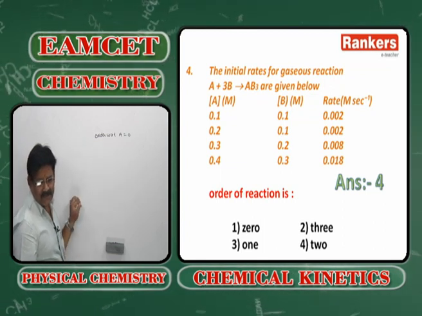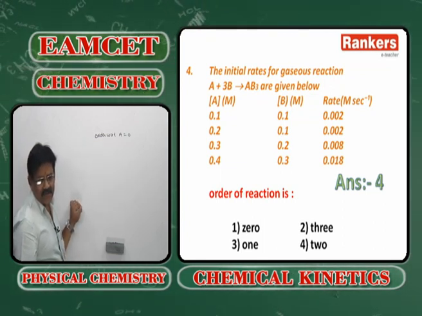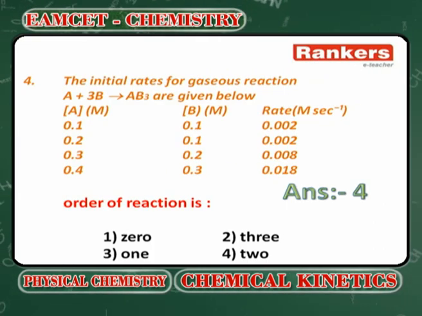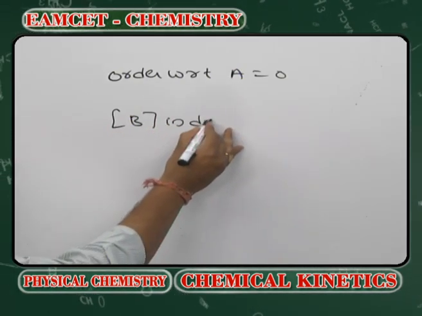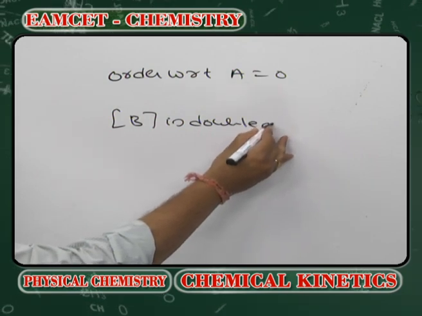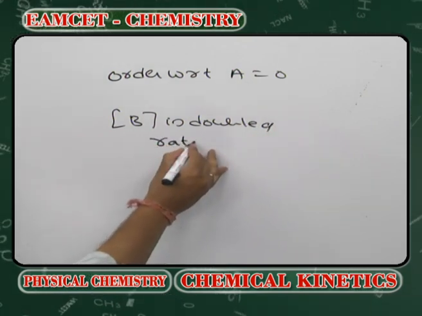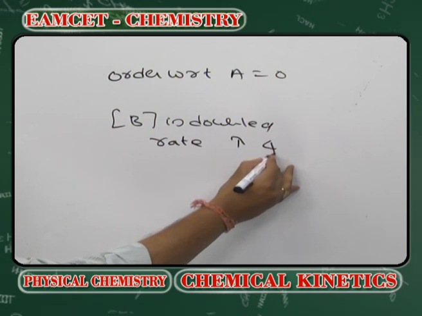So let us compare 2 and 3. When the concentration of B is doubled, the rate increases by a factor of 4 times.